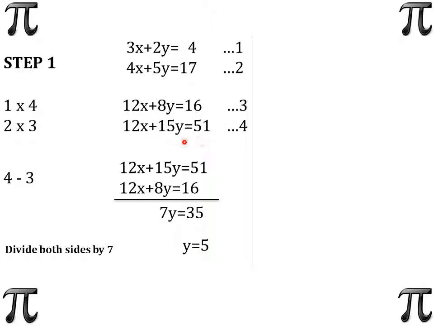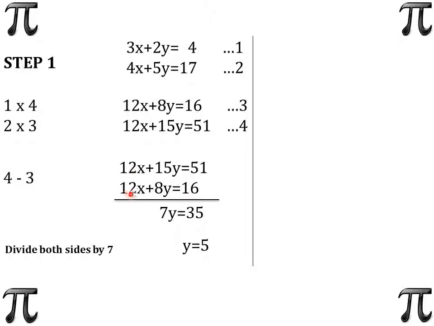So what I would do is, because 15 is greater than 8, 51 is greater than 16, and 12 is the same, take away equation 4 from equation 3, and I'll be left with this: 12x plus 15y equals 51, take away 12x plus 8y equals 16.